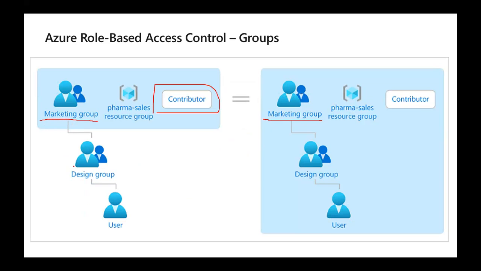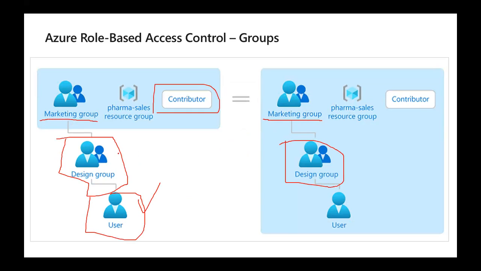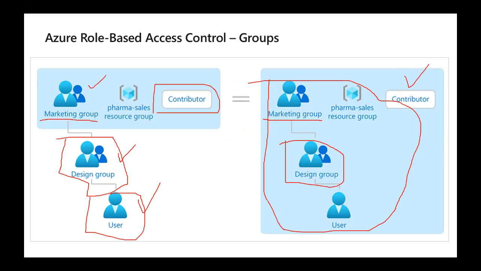Inside this marketing group, we have a design group. Automatically, it's going to provide the role assignment at these different levels. You can see right here. Instead of assigning directly a user and directly a role to this group, since we assign this role to the marketing group, now all these users are being assigned as contributors, right?